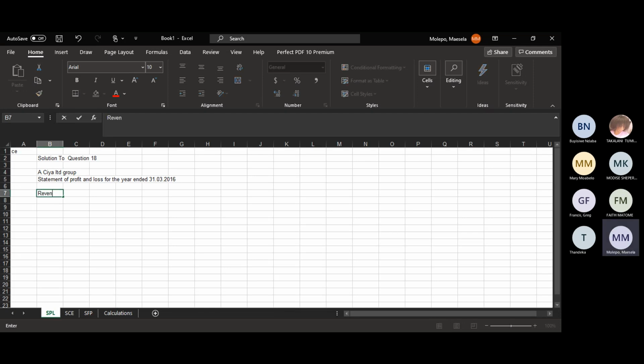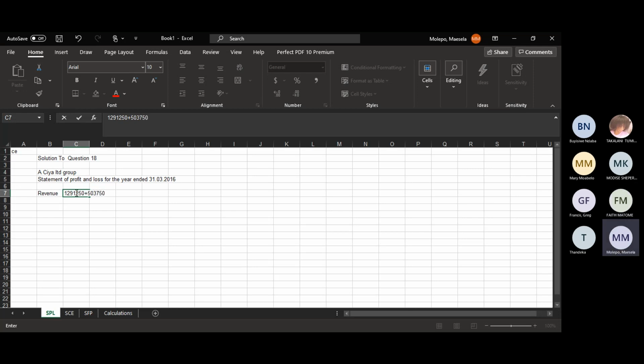If you go to your pre-adjustment trial balance, the sales will be the 129,150 plus the 503,750.